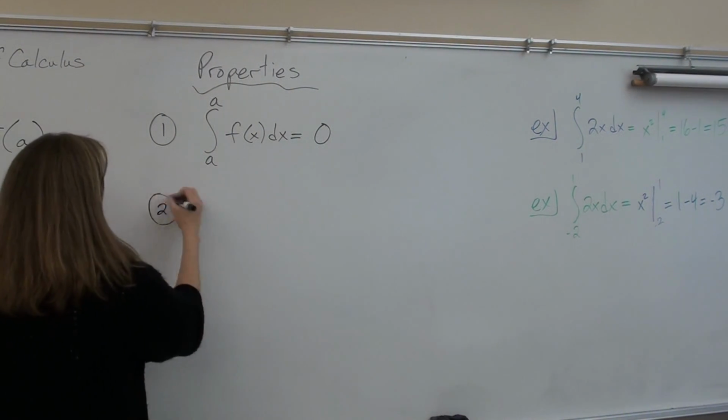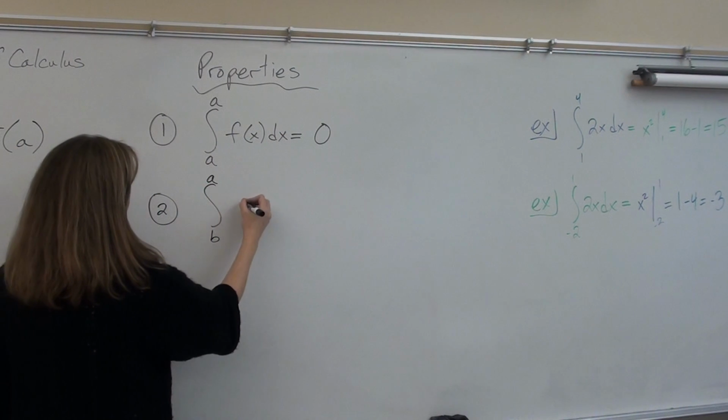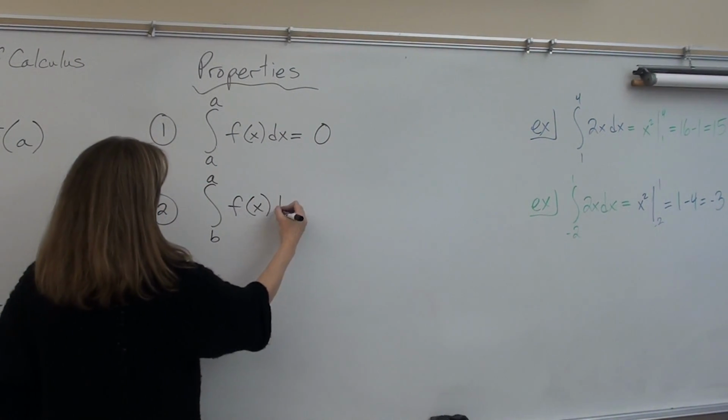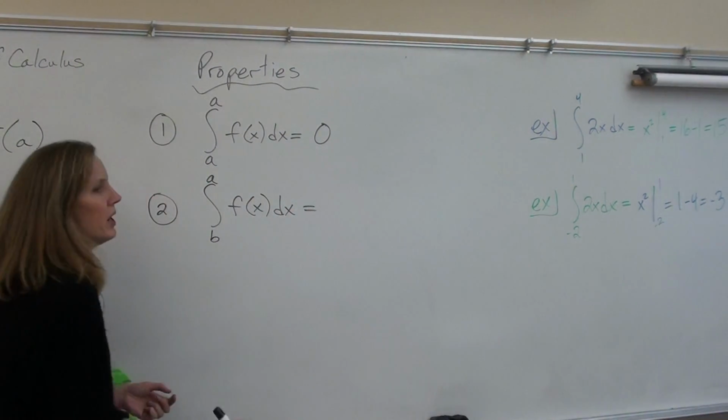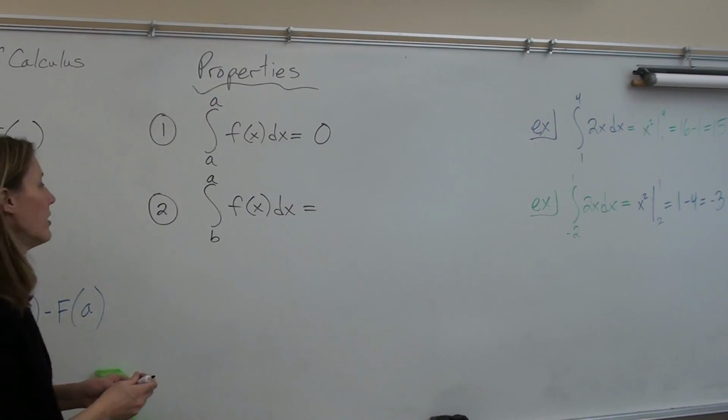All right, property number 2. Suppose your limits are given high to low. Okay, suppose they gave you, instead of going left to right, they went right to left. I used to say, oh no, they're high to low.